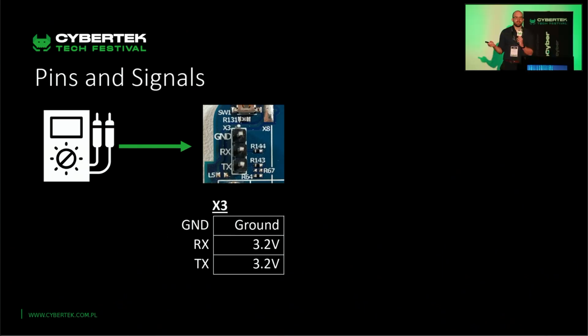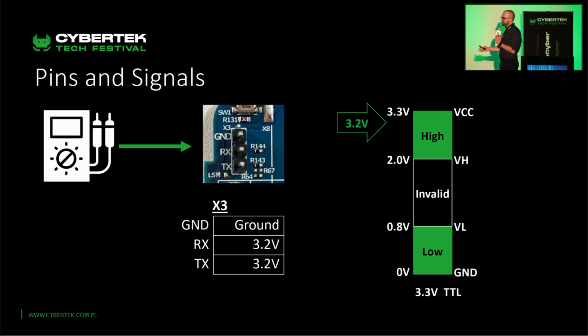We switch the multimeter to continuity mode, and we hear a beep if we connect the GND pin to the casing or to the GND of the power supply. Then we can power on the device and get voltage readings. On both pins, they are in the 3.2 volt area, and this is very good news because this is in the range of the 3.3 volt transistor-transistor logic voltage range. So now we can go to the next step and connect our signal analyzer.